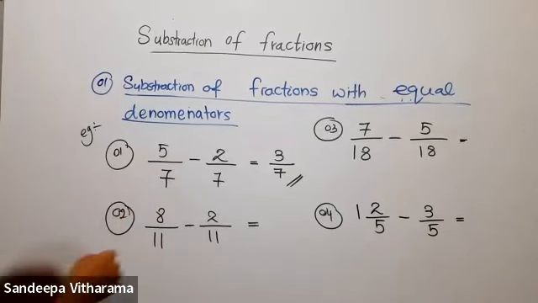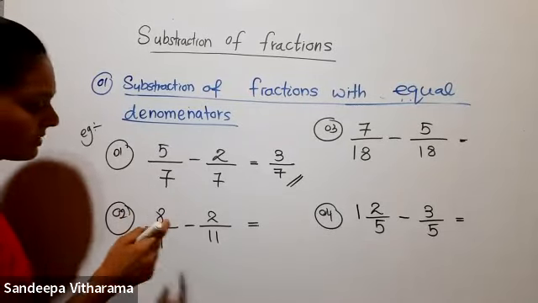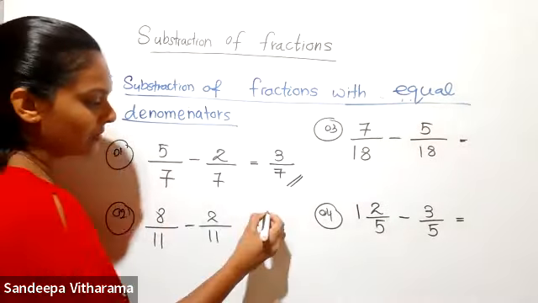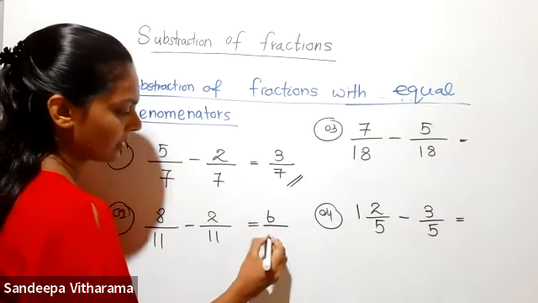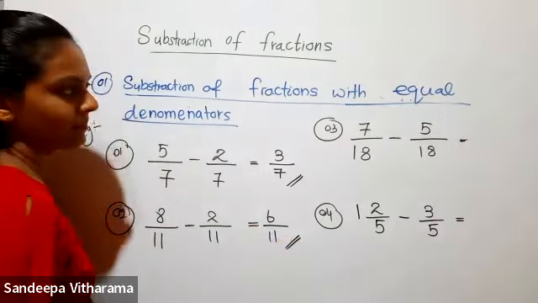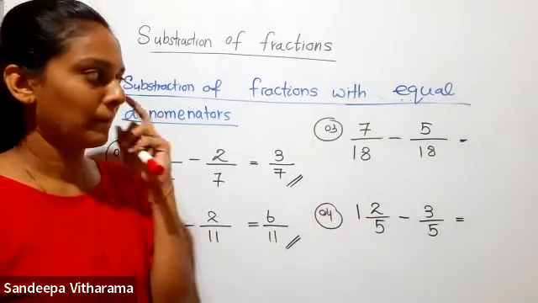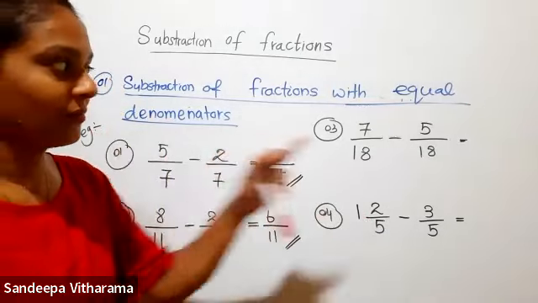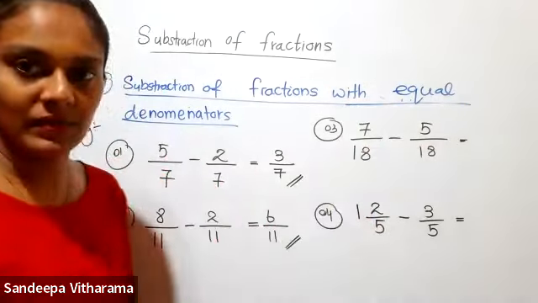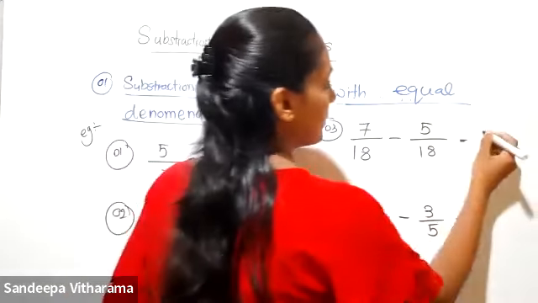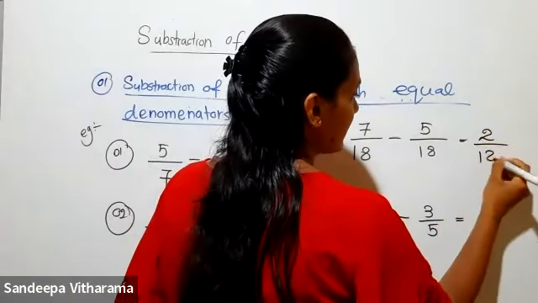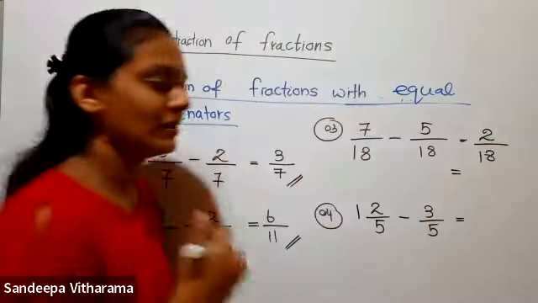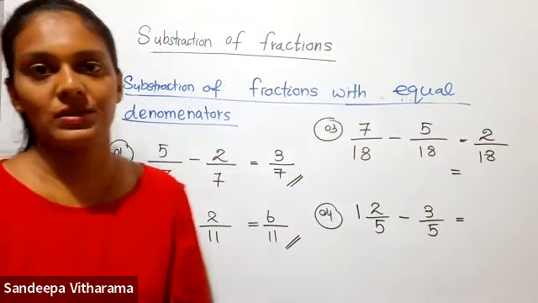Okay, what are the answers here? We can subtract 2 from 8, no? Then the answer is 6 upon 11. Then here 5 subtracted by 7 is 2. So 2 upon 18. Now, this is not the simplest form of the fraction, okay?